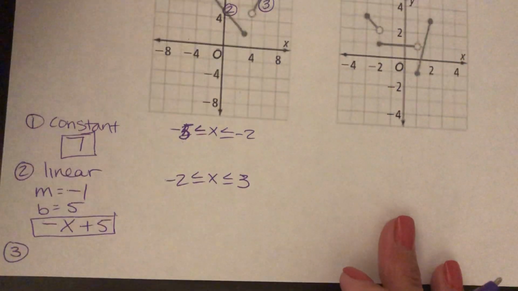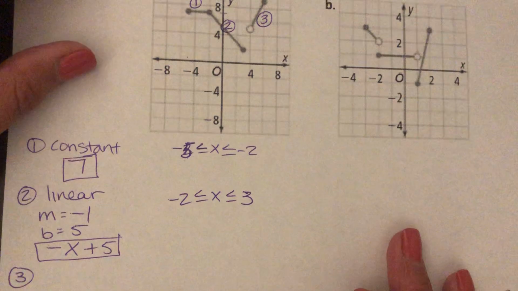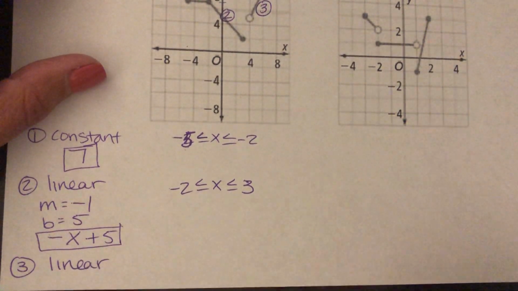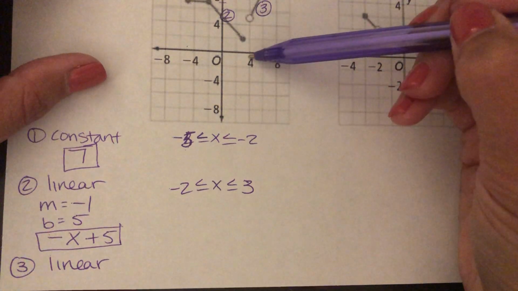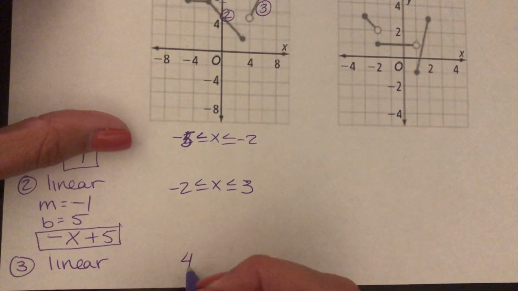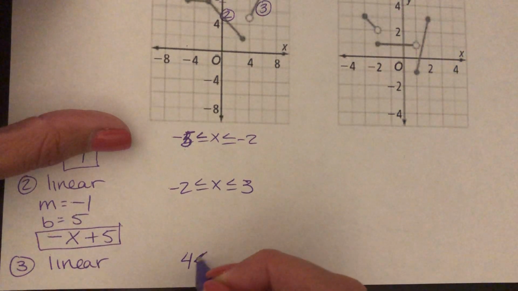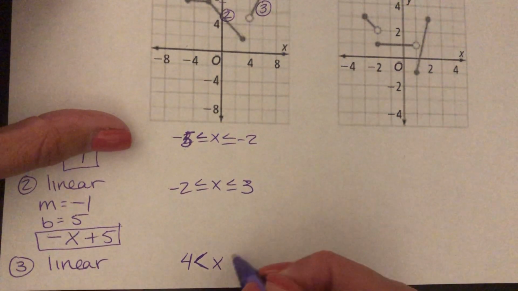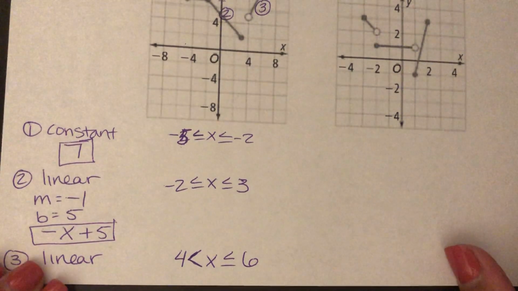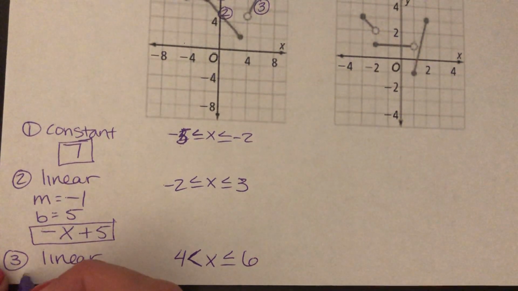Okay, the last piece here is also linear, I see. And my domain is 4 to 6. 4 is open, 6 is closed. Then I need to find my m and my b.